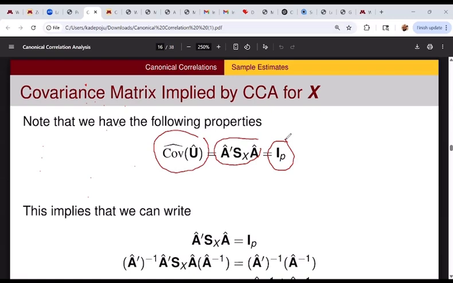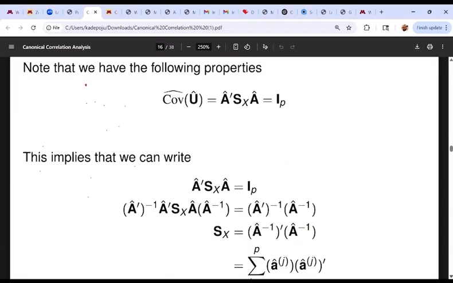By statistical properties, it should lead to the identity. I just wanted you to take note of that. Now, we can actually use the fact that that guy is an identity.